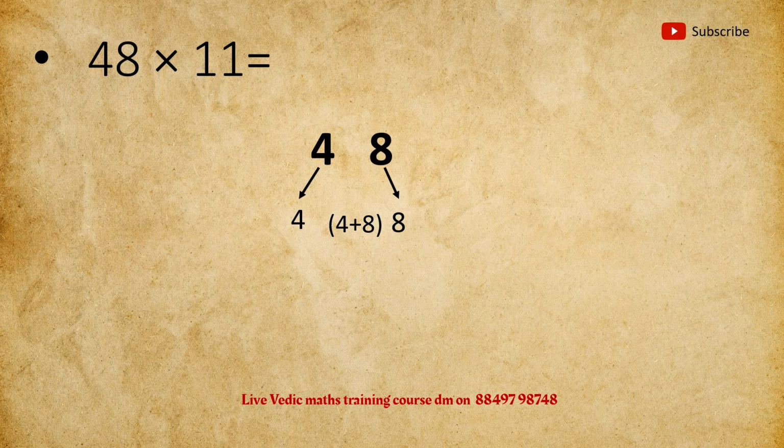So what will we do? Here we will just put 2 as it is and 1 will carry forward with 4. So 4 plus 1, which would be 5. 528 is your final answer.